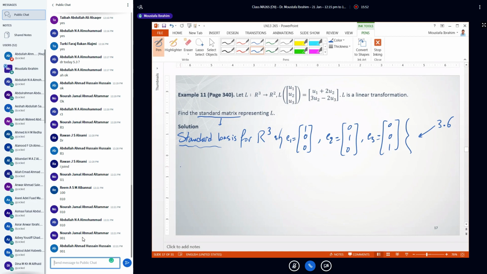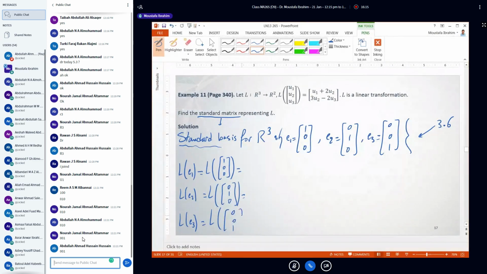Now, let's find the output: L(E1), L(E2), L(E3). So L of (1,0,0). Yalla guys, find the output of (1,0,0), (0,1,0), and (0,0,1).